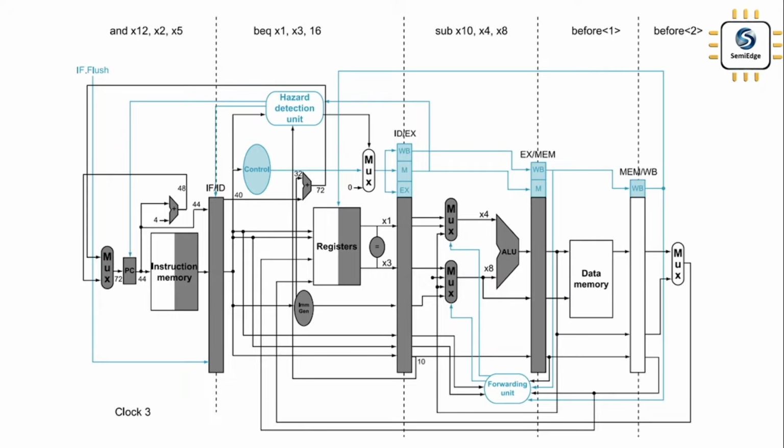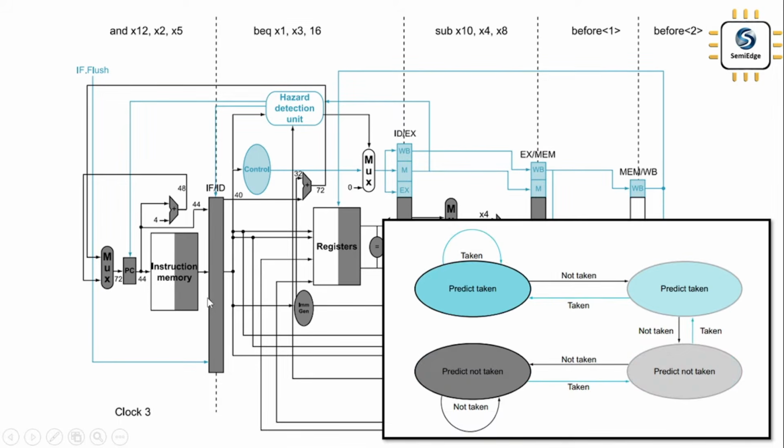For control hazards, we will use two methods. Flushing actually clears the wrong instruction after a branch. Here you can see we introduce the flush signal in the instruction fetch and decode register, the first pipeline register.